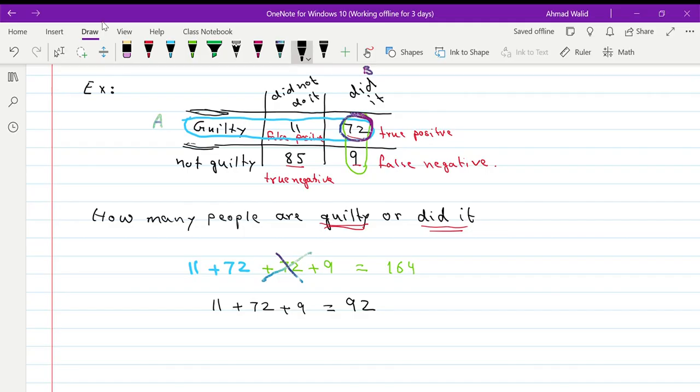Before, we discussed which kind of events we call mutually exclusive. Correct? We discussed this. If you see here in this example, it is not mutually exclusive.